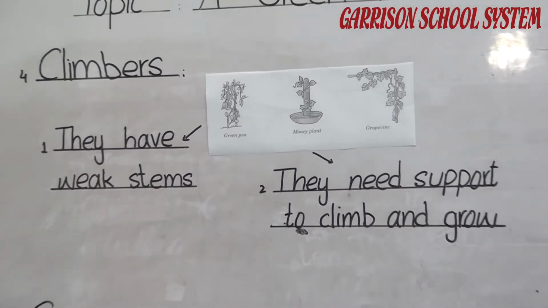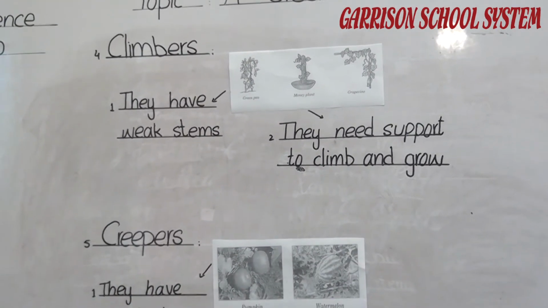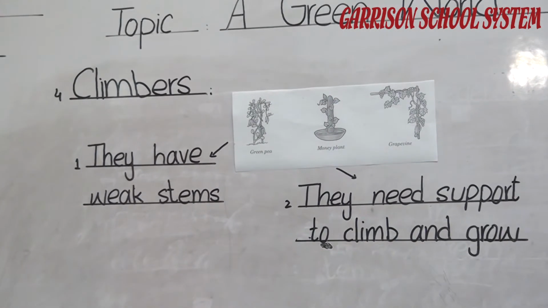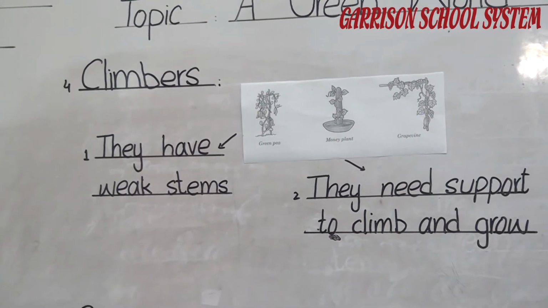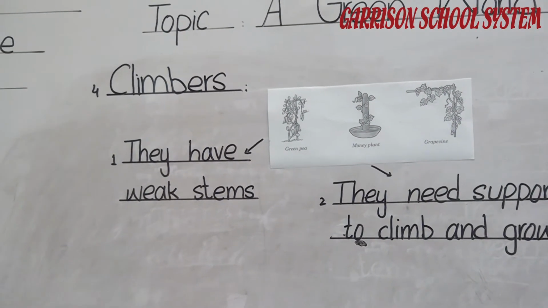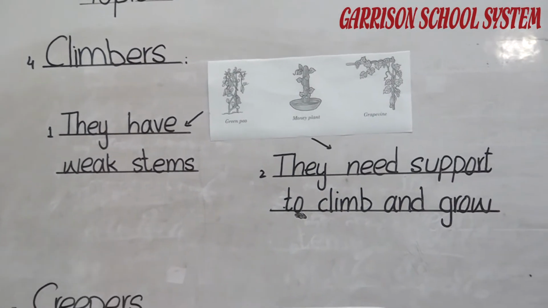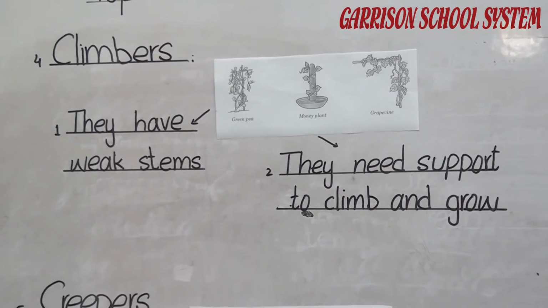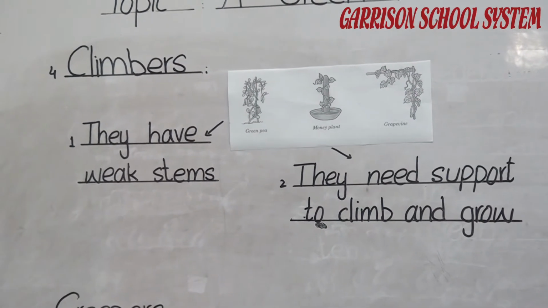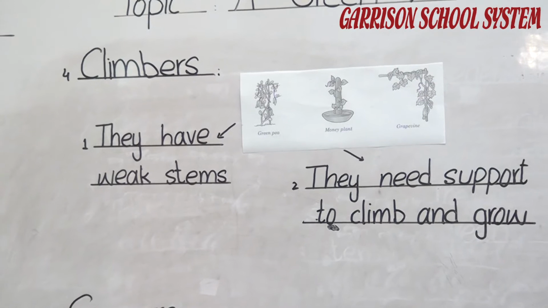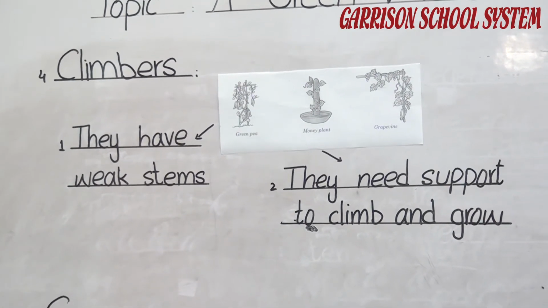If they get the support, they grow. The support may be in the form of thread, or they also get support from any other plant. They wrap themselves on their support and start growing. This is the way they can grow and live. If they can't get support, they can't grow.